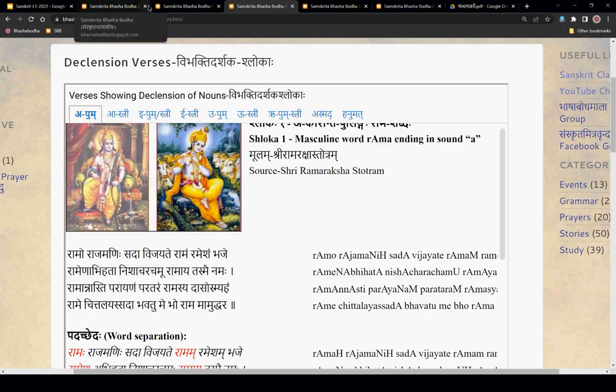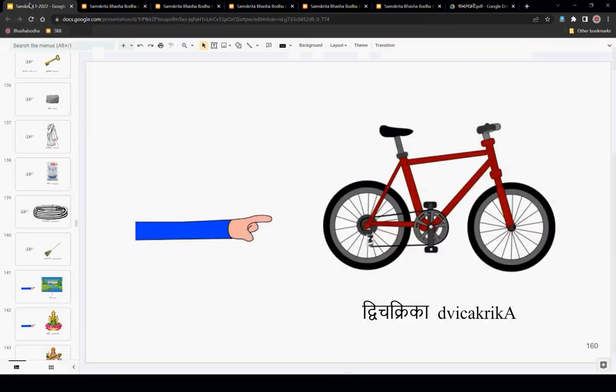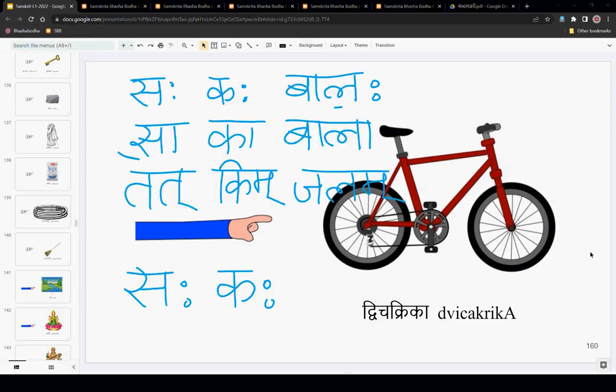Yeah, so this shloka, okay, we are talking about punctuation marks. The thing here is Tat Kim Jalam. When we use this, what is Kim here? What is the lingam of this shabda?